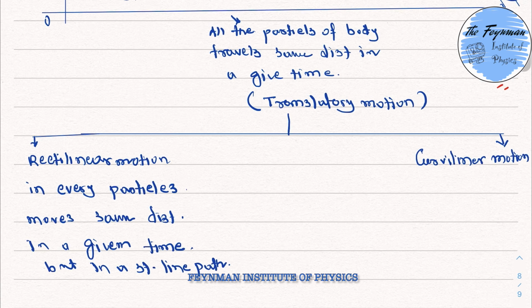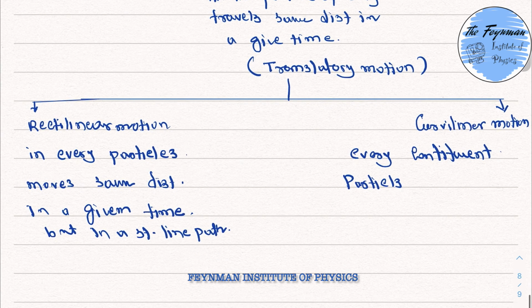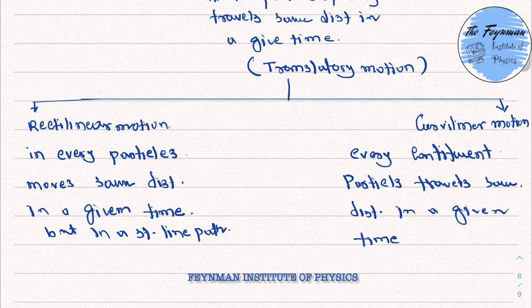And in curvilinear motion, we will find that every constituent particle by which the body is made up travels the same distance in a given time, but not in a straight line. Instead, we will find it to travel in a curved path. That is why it is known to be a curvilinear motion.